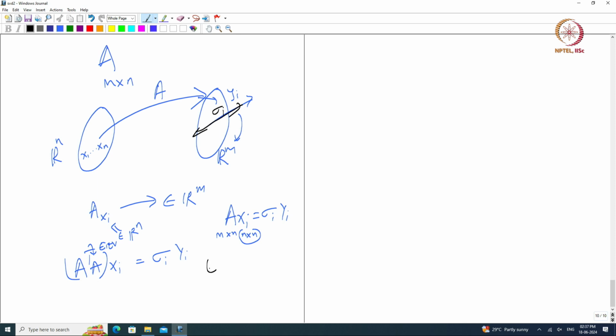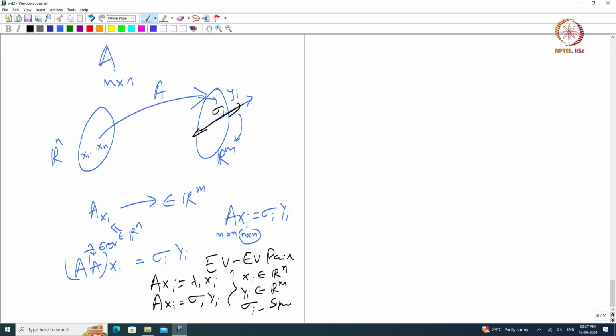So, similar to the eigenvalue eigenvector pair, which is A xi equal to lambda i xi, you now have A xi equal to sigma i yi, where xi belongs to Rn, yi belongs to Rm, and sigma is the singular value.